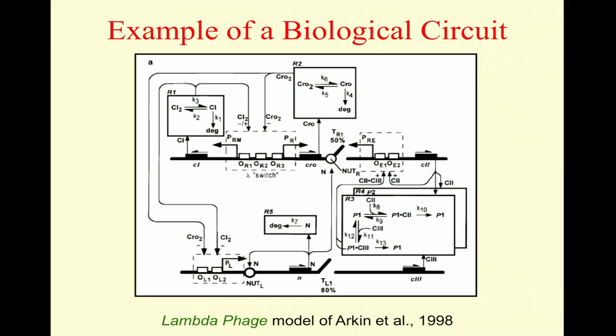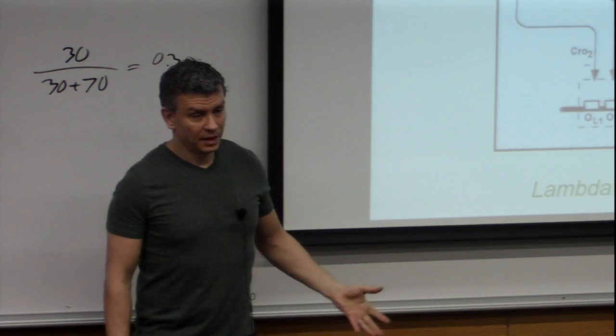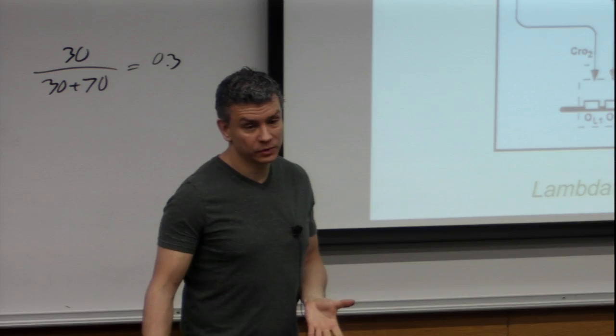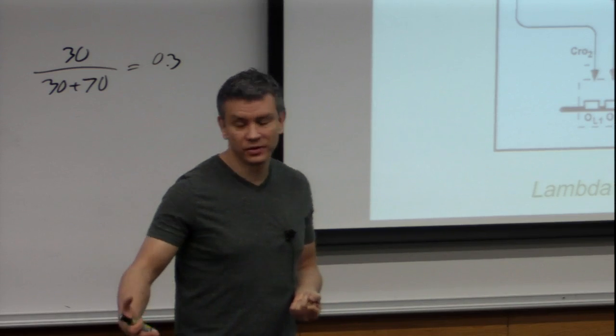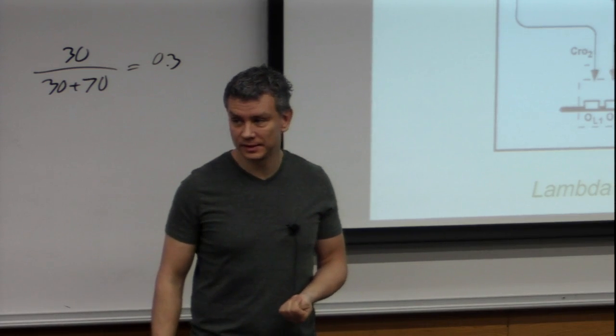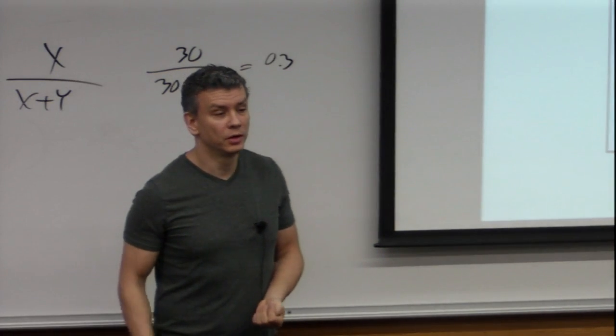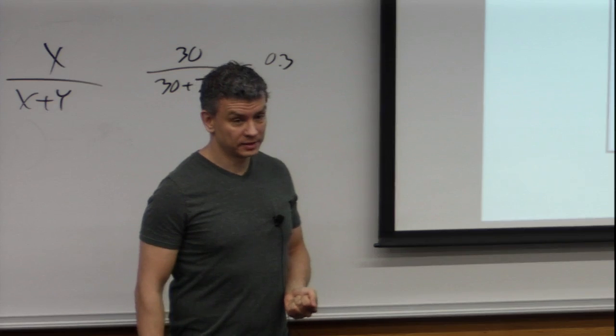And some people in the field call these genetic circuits. But this is a cartoon description, just like for electrical engineers we use cartoon descriptions of wires and gates and transistors. It's a cartoon description of what's going on. It's a cartoon description of what are chemical reactions that are firing.